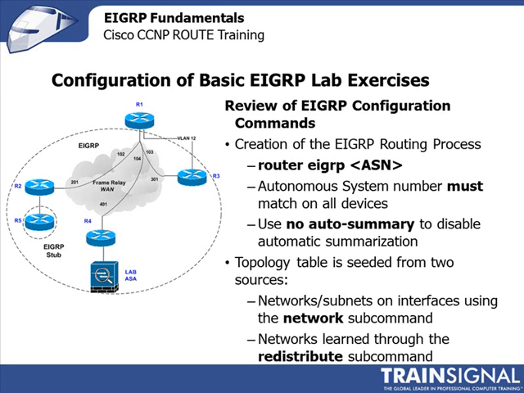Redistribution is going to be a later lesson. After we've gone through OSPF and implemented BGP, we're going to be able to redistribute all 3 protocols into one another selectively, with some filtering, in order to create full reachability. But those are the 2 primary ways that the EIGRP topology table and ultimately the IP routing table is populated.